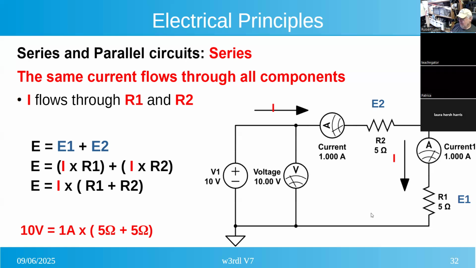Okay, and where it says E2, that's voltage 2 going through the resistor 2 at 5 ohms, is that right? And then it travels through the second amp meter at 1.0 amps, then through the resistor 5 ohm.